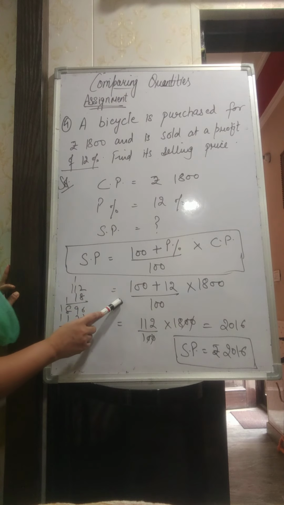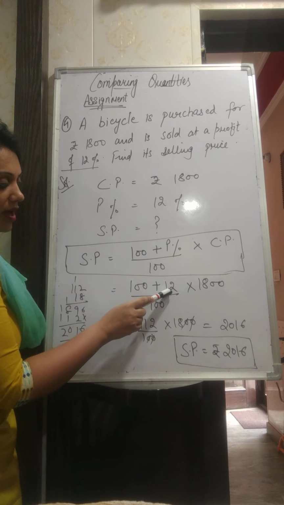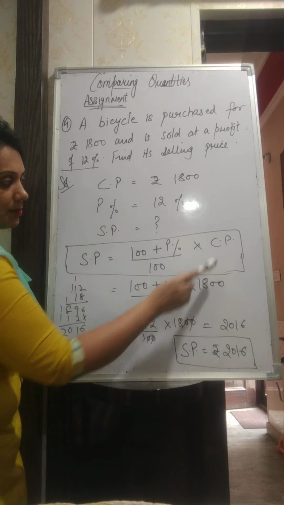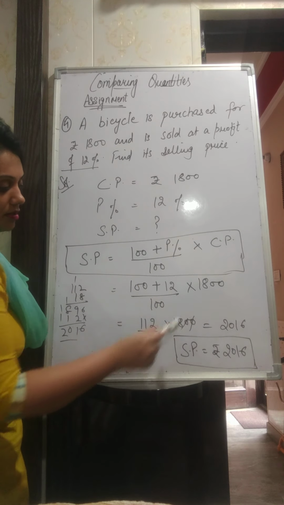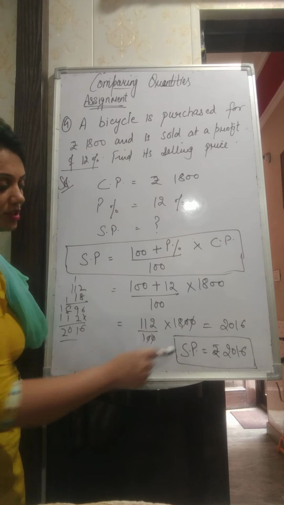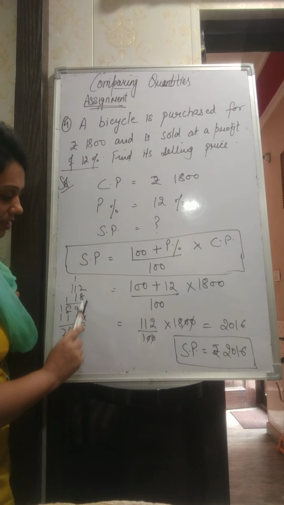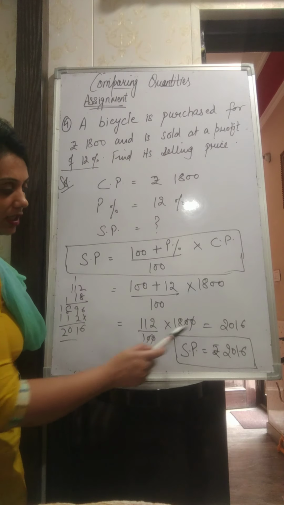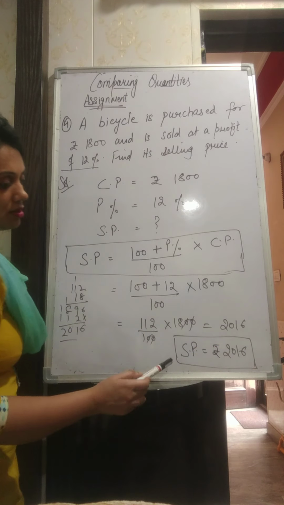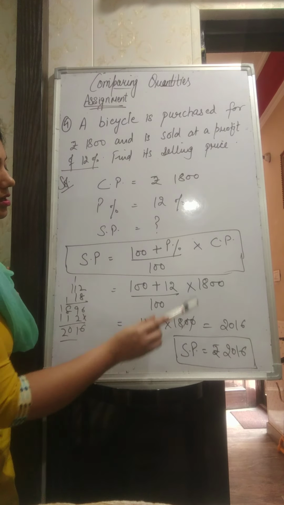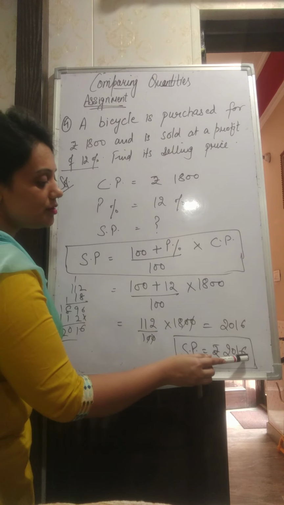After that, we have filled the values: profit percent is 12 over 100 multiplied by cost price 1800. Two zeros will get cancelled with these two zeros. We are left with 112 into 18. After multiplying, we are getting 2016. So what is the selling price? Selling price is 2016.